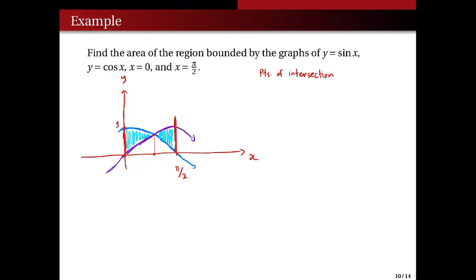So let me remove this s here. But yeah, we want cosine x equals sine x. Or this, you can rewrite as sine x over cosine x, and this is equal to 1.